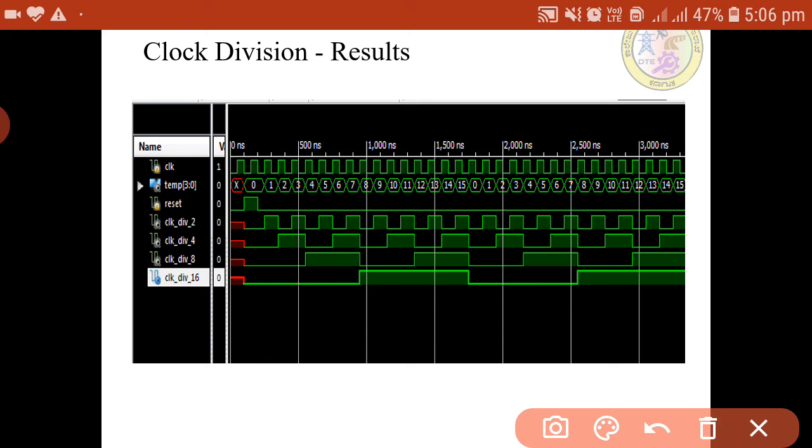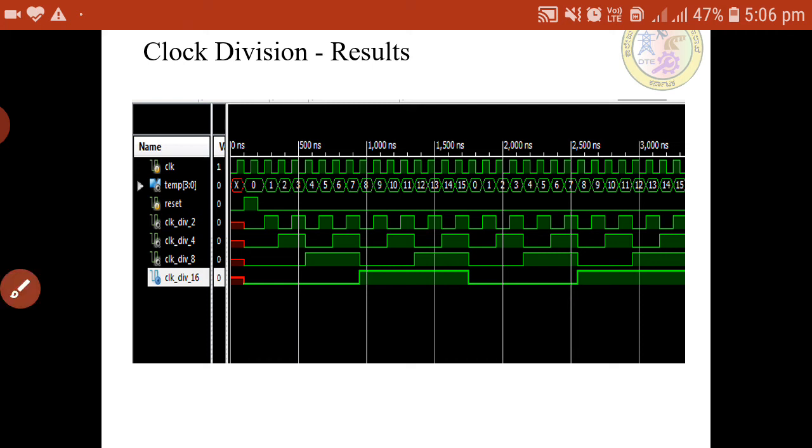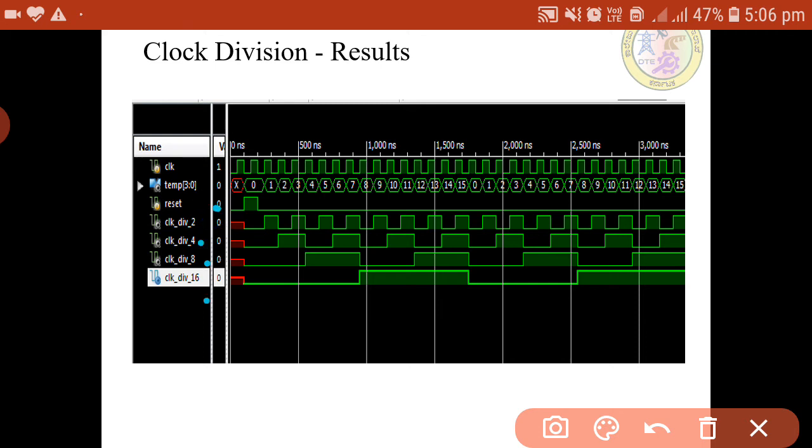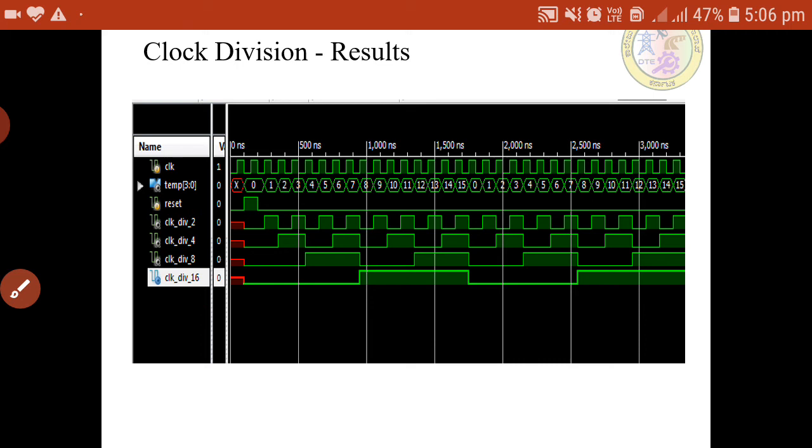So like this it will divide the input clock, and we can have divide by 2, divide by 4, divide by 8, and divide by 16 clocks. So this is how the code will generate divide by 2, 4, 8 and 16. Like that we can divide by 32, 64, 128 by using the counter.